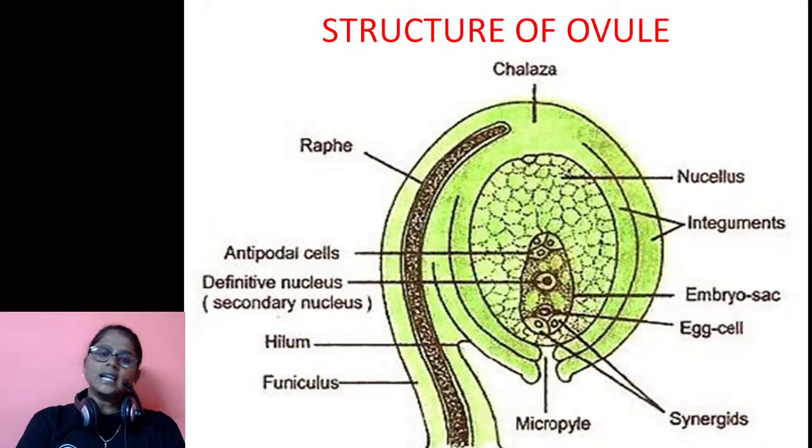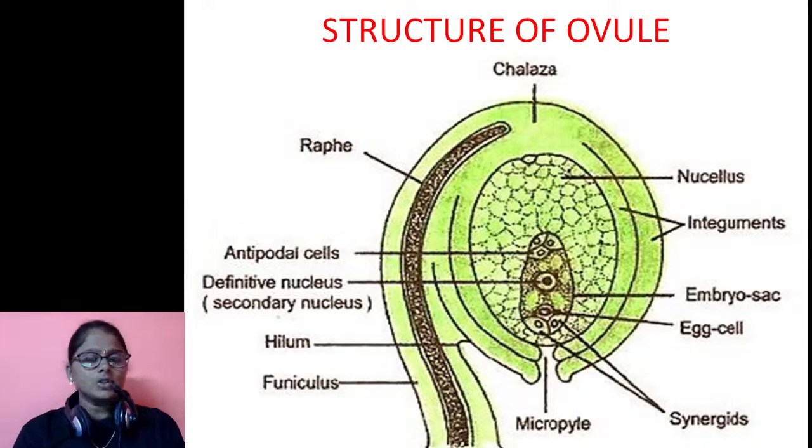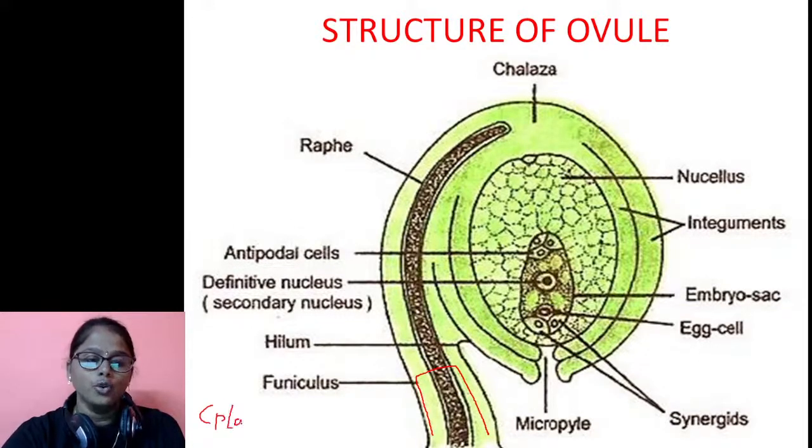As we studied the structure of the anther, here we are studying the structure of the ovule in the female reproductive part. The ovule, as I stated, is called the female gamete, and it has many parts. The first and foremost part is the funicle, a stalk-like structure that connects the placenta and the ovule.